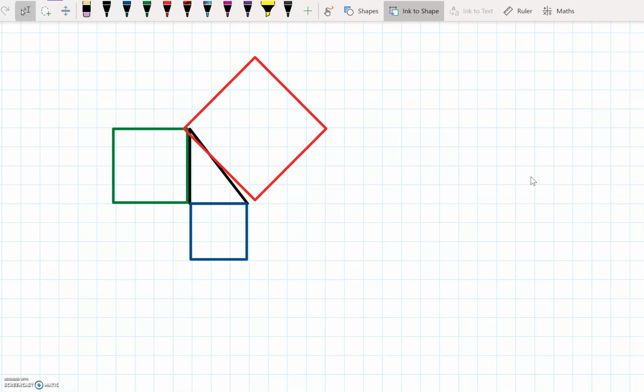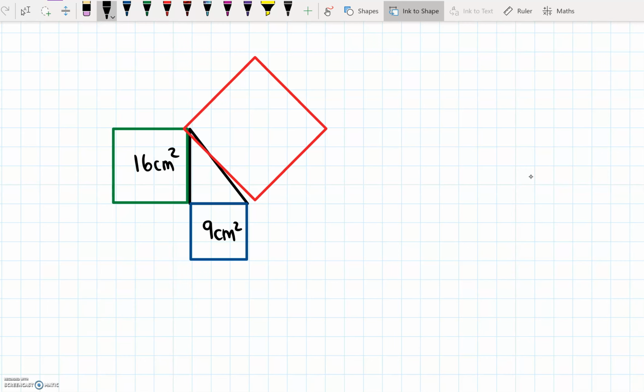Now, the area of this green square here: if we measure it, we've got 4 times 4, so this area is going to be 16 centimeters squared. This blue square is going to be 3 by 3, which gives us 9 centimeters squared.